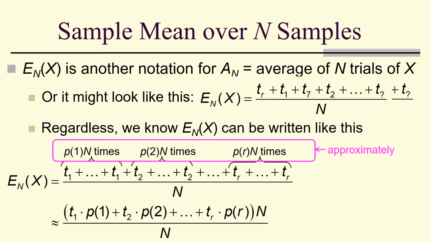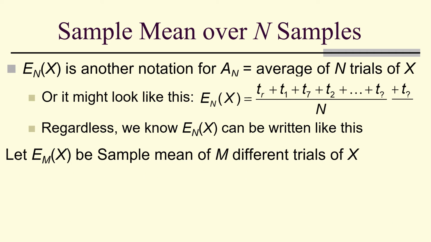And therefore we get essentially t1 p1 plus t2 p2 up to tr pr, where we have the n's. The n's cancel, and that's approximately the expected value. And it becomes exact as n goes to infinity.